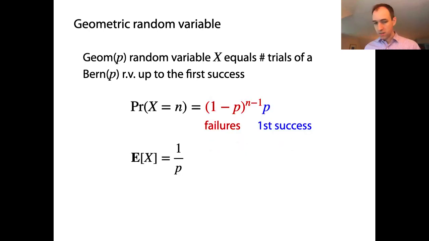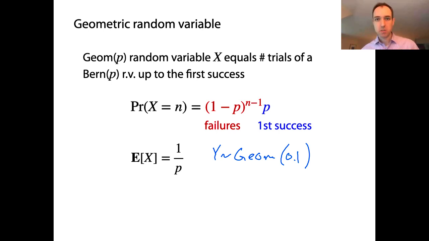Okay, so what's the expected value of a geometric random variable? It's 1 over P. Okay, so let's think about that. So if I, for example, have a random variable y, and it is a geometric, let's say 0.1 random variable. So I have a loaded coin that's heads only 10% of the time. Okay, and now I'm defining a geometric random variable.